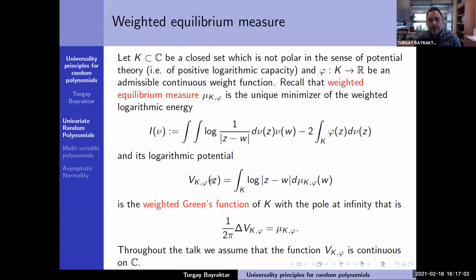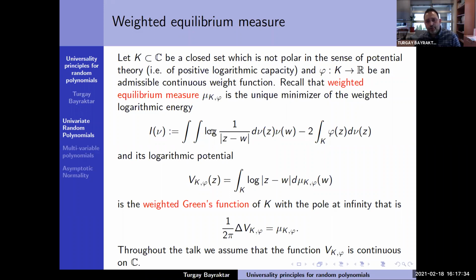So I will introduce the necessary background on the potential theory that we will use here. You have a closed set K in the complex plane, and you assume that this set is not small in the sense of potential theory. That means it has positive logarithmic capacity. And phi is a weight function. For now, we just take a continuous function. And we look at the following energy problem.